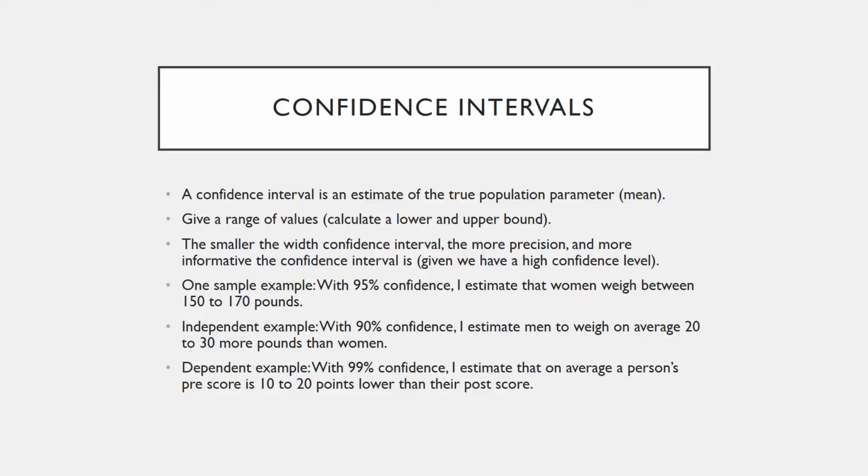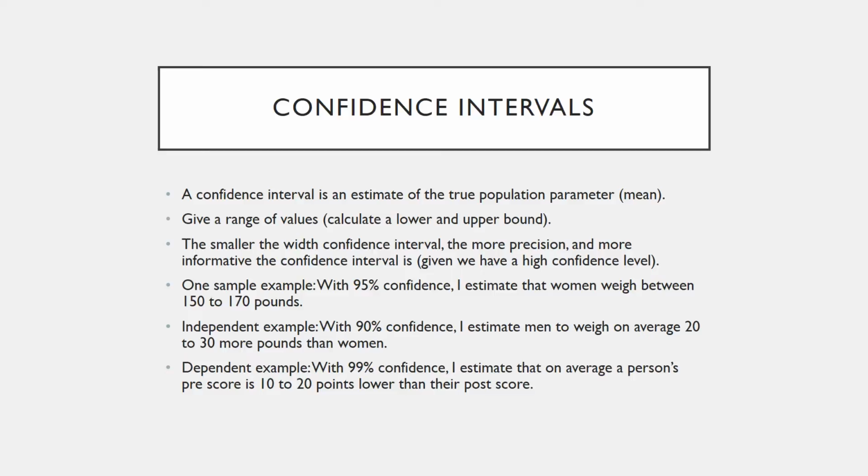So we're saying, on average, this person's score was higher on the post-test than the pre-test. So we're not comparing two separate samples, we're comparing within a person. It could be within other pairings like twins, but a lot of times it's within person.